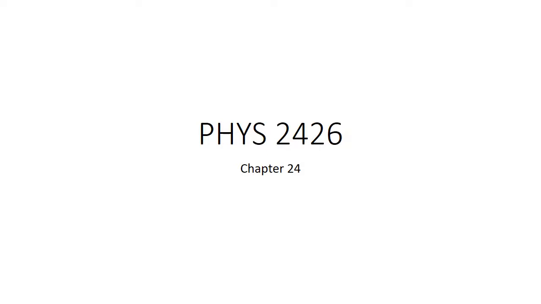We know that you've got a point here, with an electric field going out, and I want to know what the voltage difference is if I go from here to there, for example, from R1 to R2.